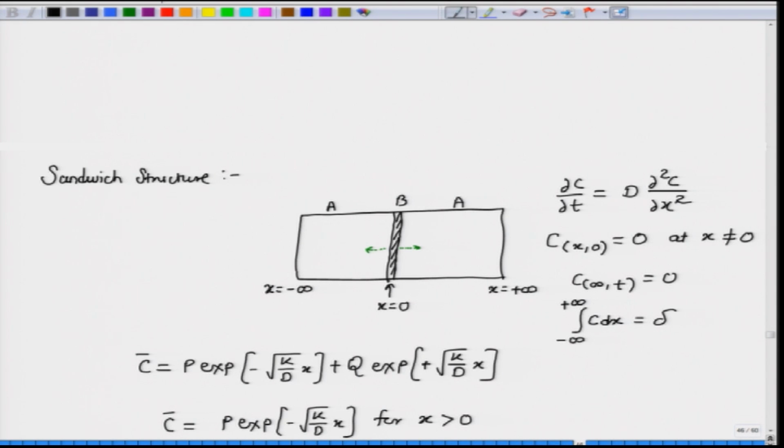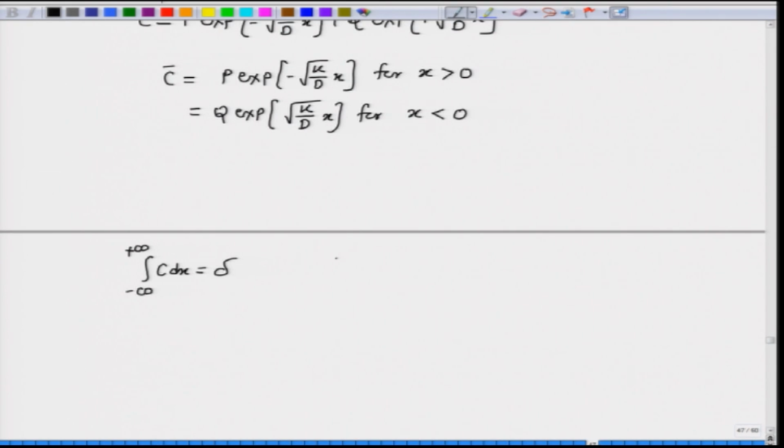out of the total amount delta of B, which is diffusing inside the two blocks of A, half of it will be on the left and half of it would have diffused on the right, which means we can split this integral as integral 0 to infinity c dx should be equal to delta by 2.